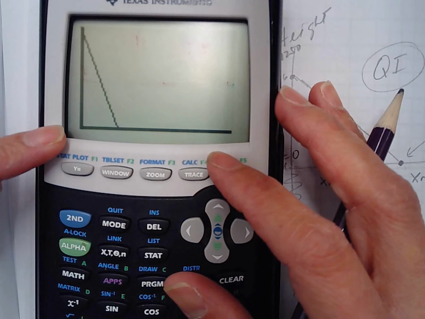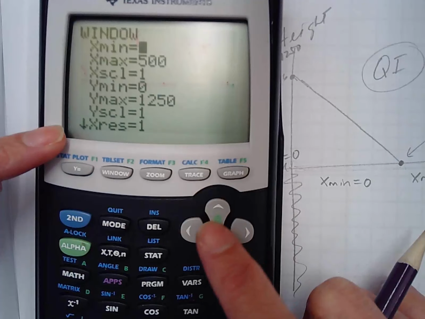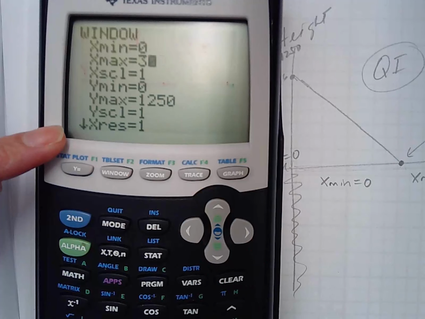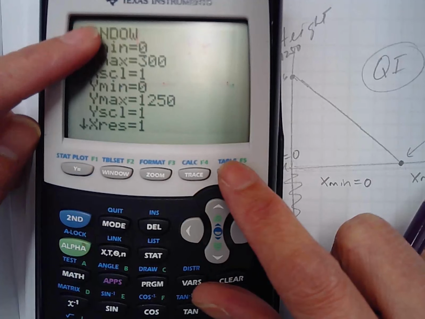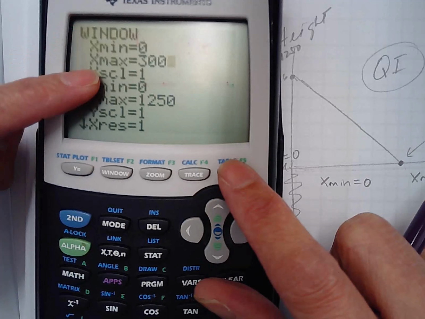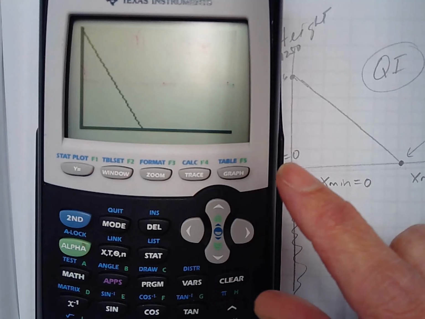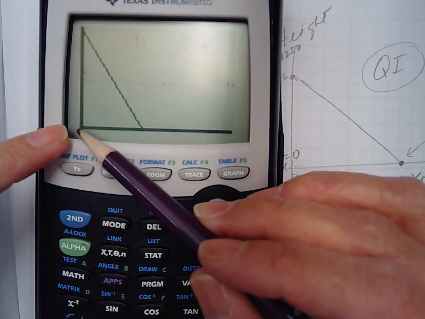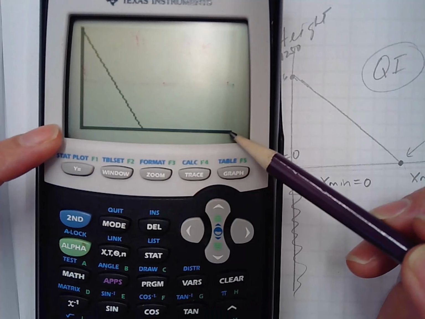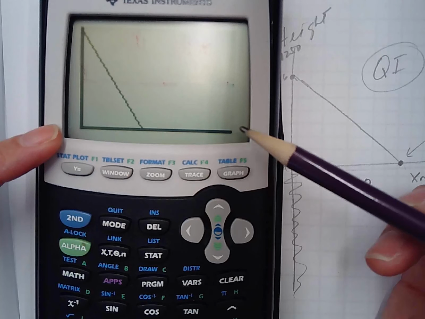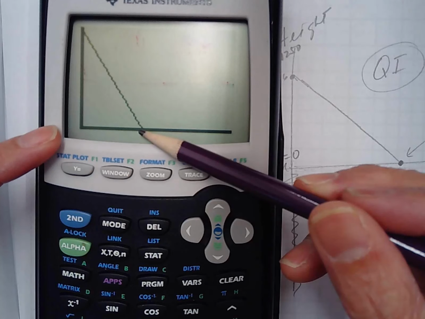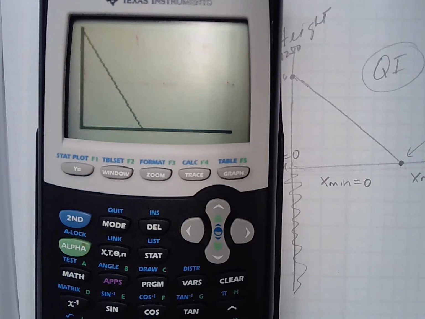Okay, let's go 300. So x max is 300, from 0 to 300. Do we need to go up to 300? Probably not, right? But that's okay as long as we can see the graph. We're supposed to sketch.